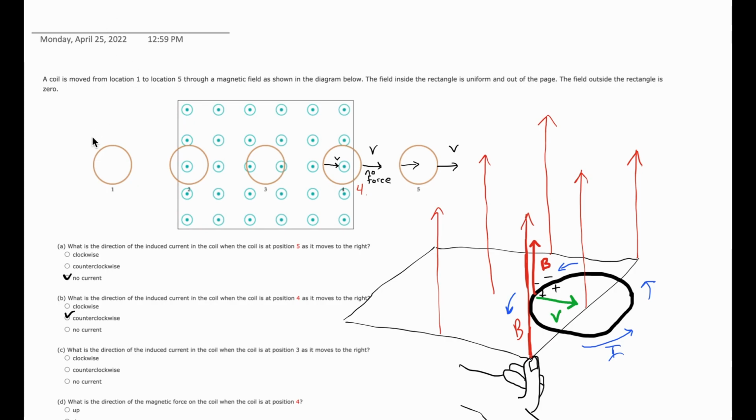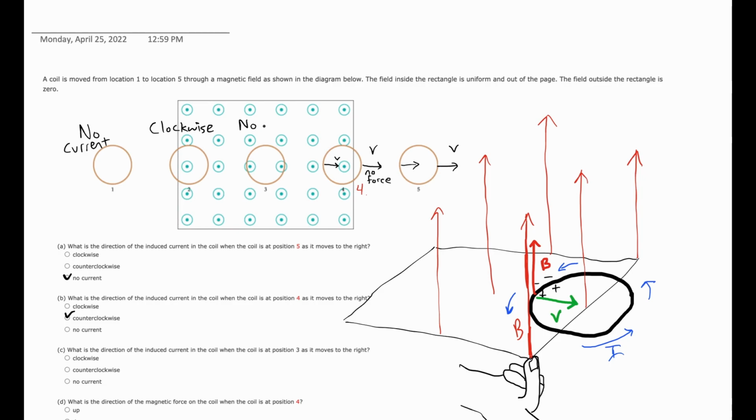What we would see then, if we analyze all the different positions, is no current here. We would actually have a clockwise induced current when the loop first starts to enter the magnetic field.